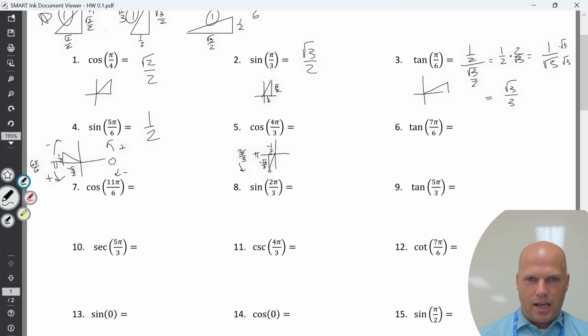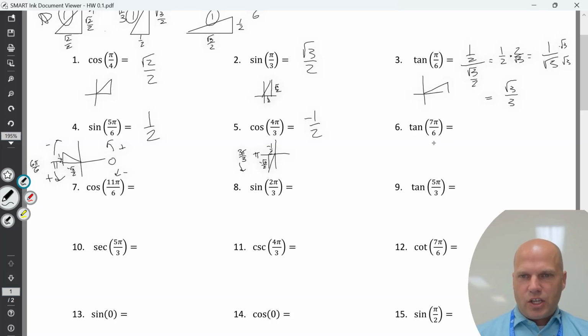So these would be the x and the y coordinates, or the displacements of x and y. So cosine, again, adjacent. Adjacent is always the horizontal side length. It's always the x distance or the x coordinate, the x displacement.